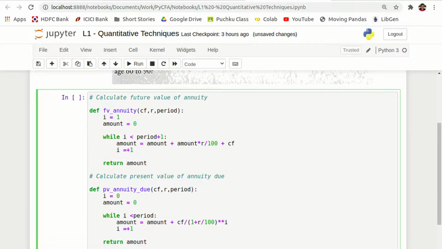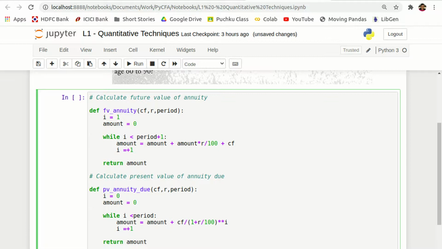Nice. Now let's get down to our calculations. So what is the present value of 25k at retirement?